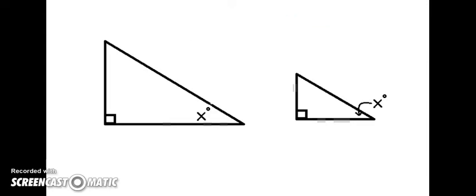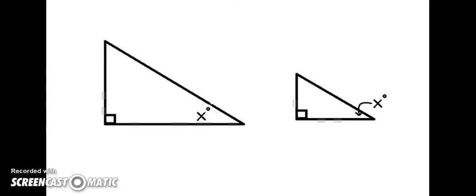Another one they like to do that they don't tell you in the beginning is similar triangles. You can see that these are two different size right triangles. Here's a right angle, here's a right angle. This angle is x degrees, this angle is x degrees. And that might be all the information you get, other than maybe the measure of one of these sides.